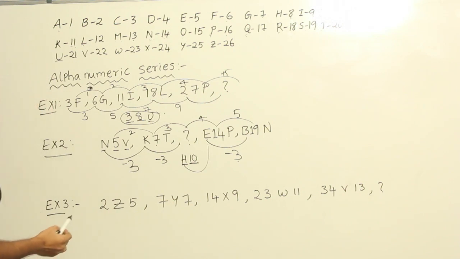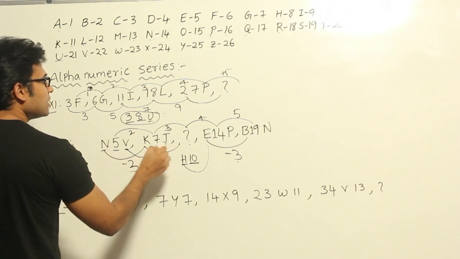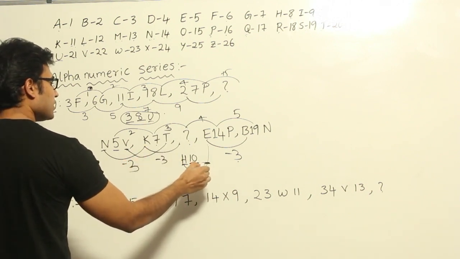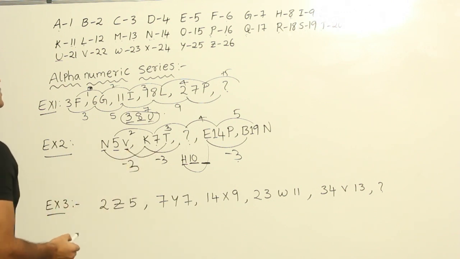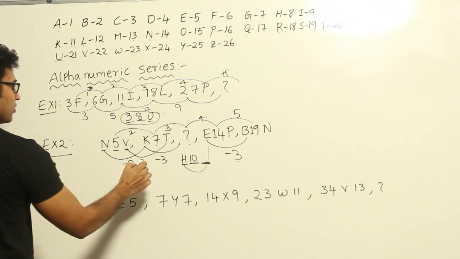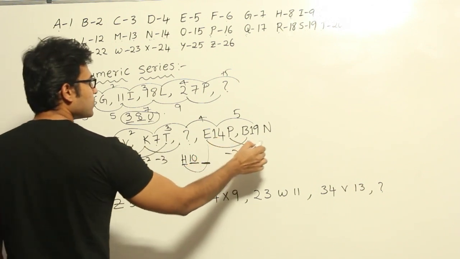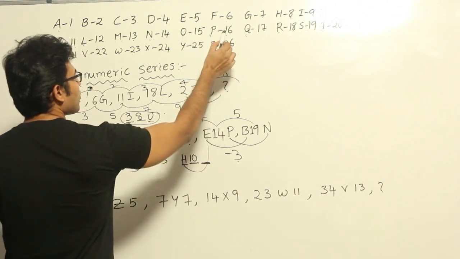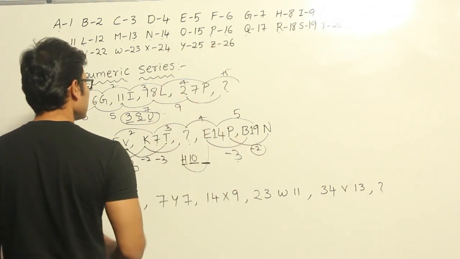Got it? And coming to the next sequence, V and then T. I am talking about the third letter that has to occur in the term. So V to T. Now where is V? V is 22 and where is T? 20. Therefore I do minus 2. From here to here, P and N, if I do minus 2 I am going to get this, right?